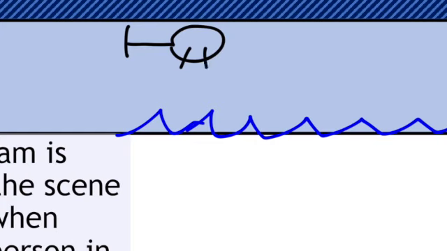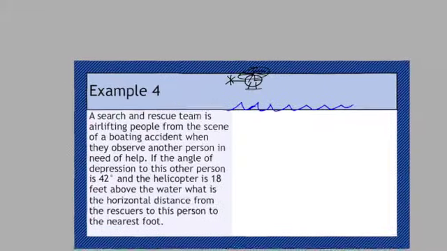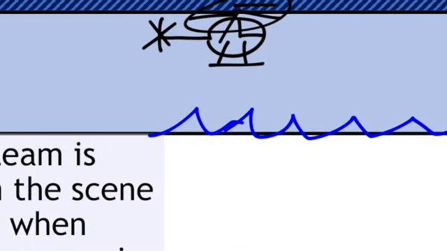I'm not an artist, so... Alright, there's my helicopter. Okay, so the helicopter is 18 feet above. So from the top of the helicopter to the water is about 18 feet.